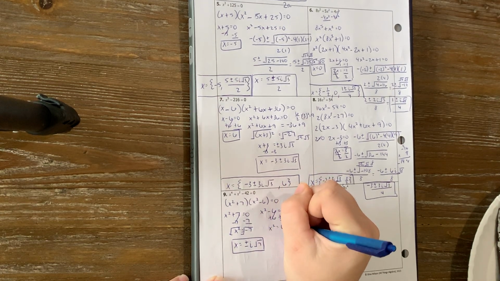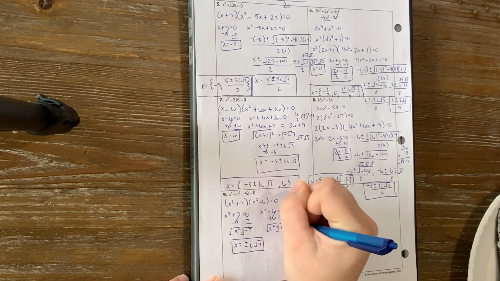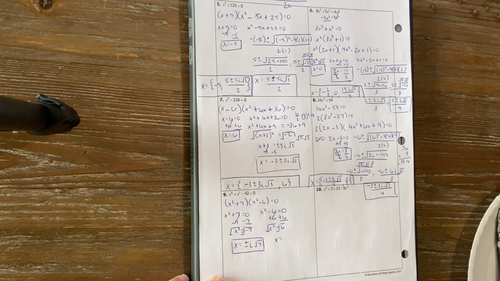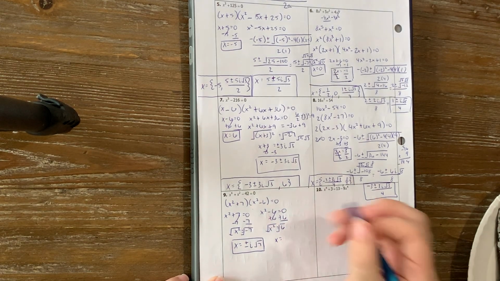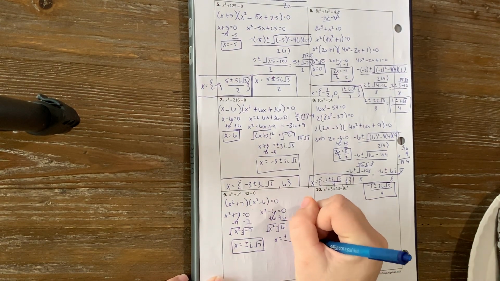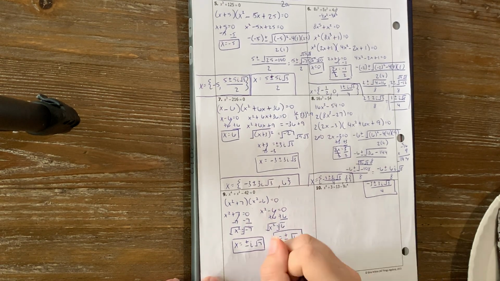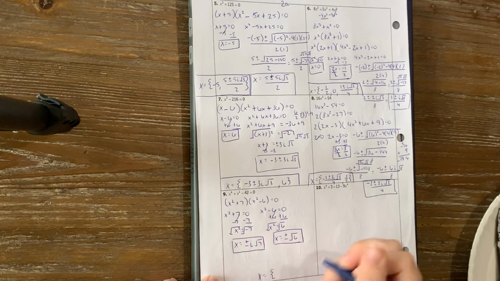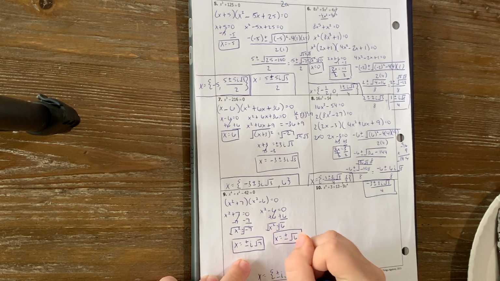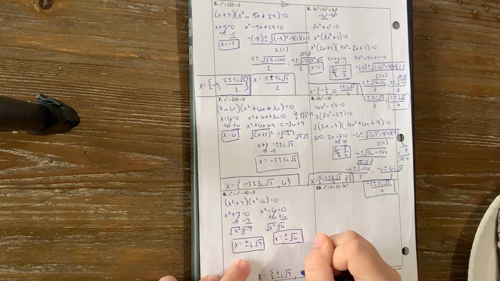So x squared equals 6. Take the square root of both sides, so x equals, well, we can't simplify the square root of 6, so we just have x equals plus or minus the square root of 6. So our solution set is plus or minus i square root of 7 and plus or minus the square root of 6.